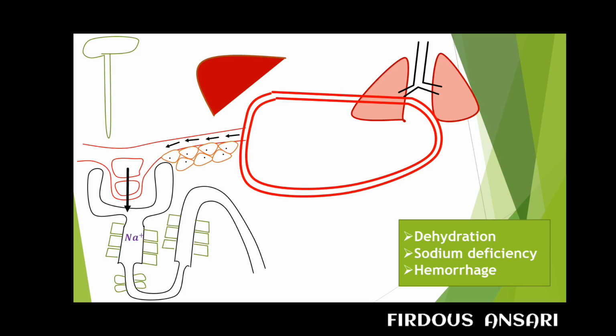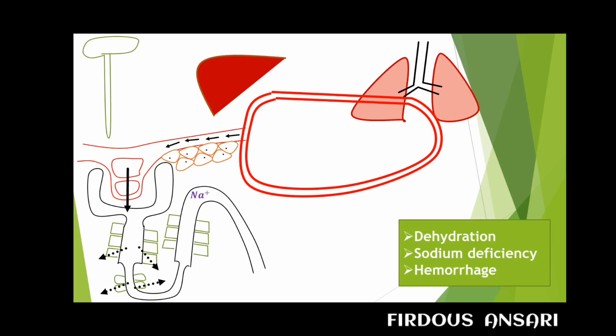Whatever amount of sodium gets filtered and reaches the proximal convoluted tubule, nearly 65% is reabsorbed there, and the remaining sodium moves into the loop of Henle. There, nearly 25% of the sodium is reabsorbed back into the systemic circulation, and just 10% of the filtered sodium approaches the distal convoluted tubule.